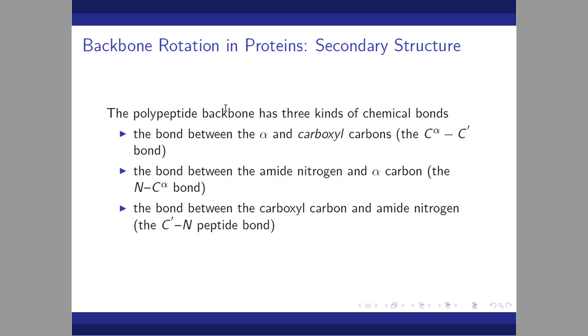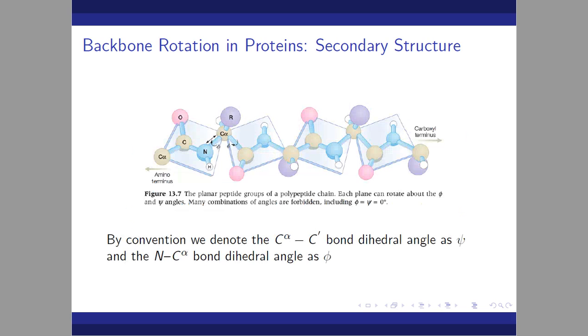The polymer-type backbone has three kinds of chemical bond. The bond between the alpha carbon and the carboxyl carbon, the C alpha to C prime bond. The bond between the amide nitrogen and the alpha carbon, the N to C alpha bond. And the bond between the carboxyl carbon and the amide nitrogen, the C prime to N peptide bond. So these are the three bonds.